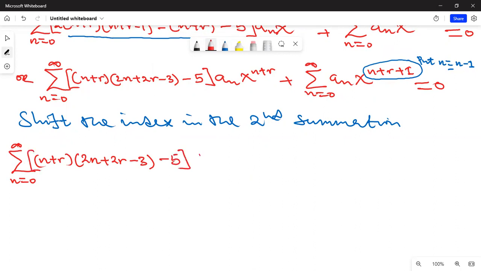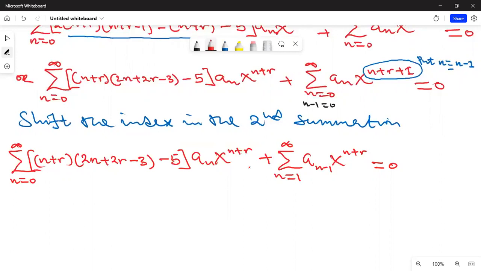This should multiply a_n times x raised to n plus r, then plus, everywhere you see n, you put n minus 1. So when I substitute here n minus 1 equals 0, that means n will be equal to 1. I hope that is clear. So this one should now start from n equals 1 to infinity, a subscript n minus 1 times x raised to n plus r. That should give us 0. I hope that is clear.